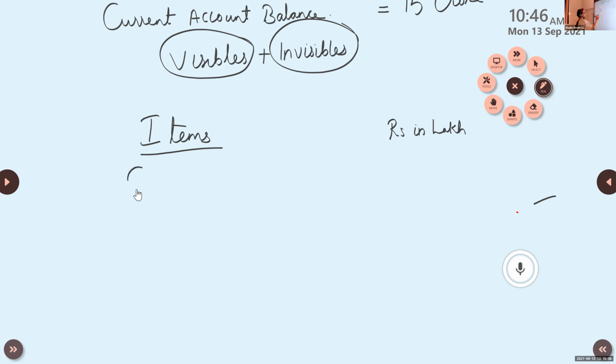Capital account balance: here they have directly given the capital account balance. It is minus 400.